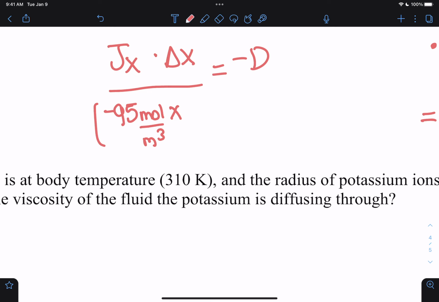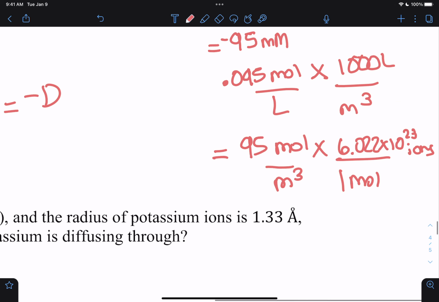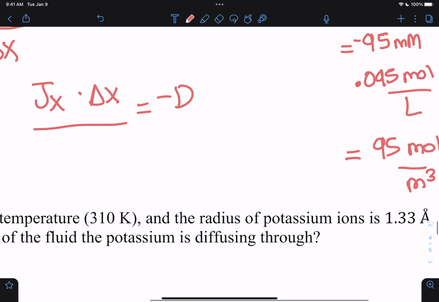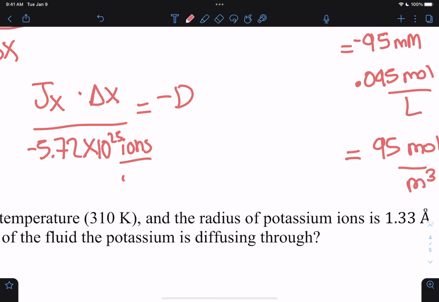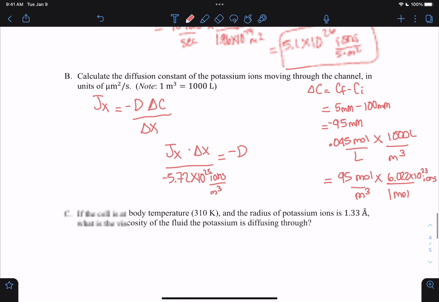I don't think I have that calculated out. So actually, hold up. Let me just calculate it real quick. So negative 95 times the 6.022 times 10 to the 23rd, that should give us around negative 5.72 times 10 to the 25 ions per meter cubed, right? So that gives us the proper final units for our concentration.